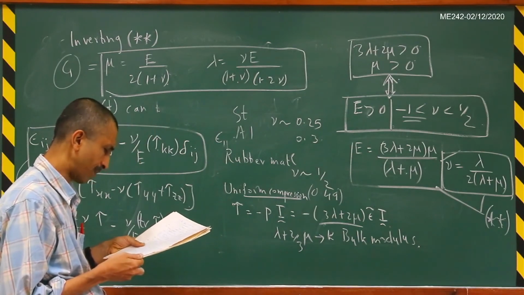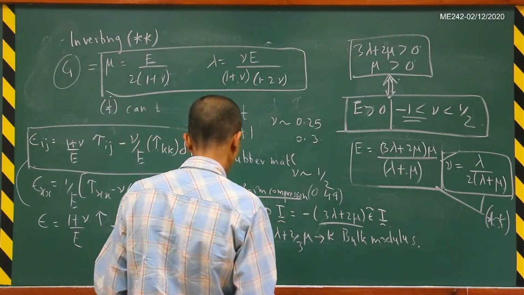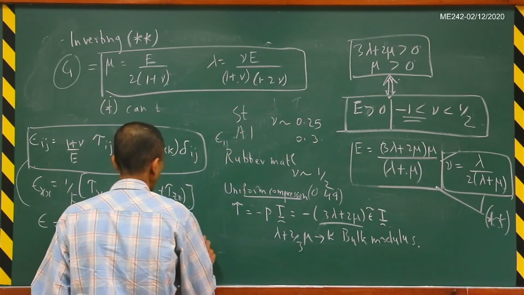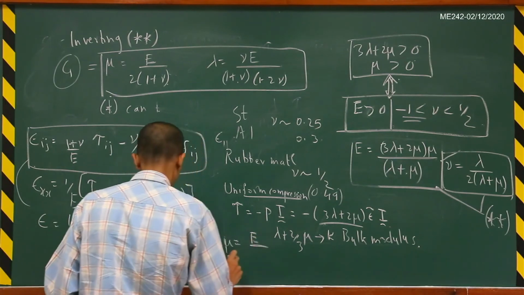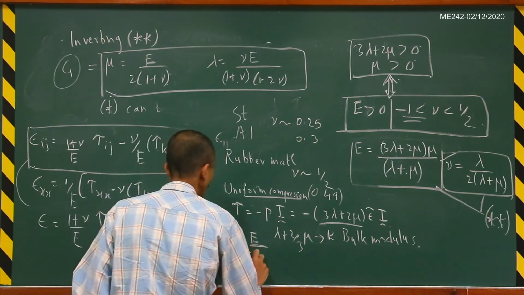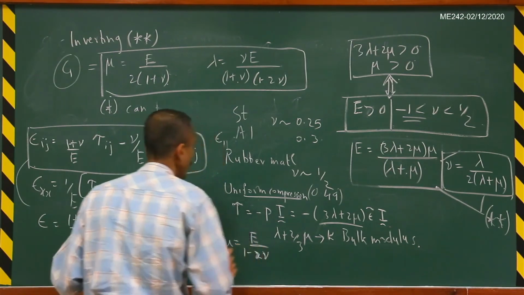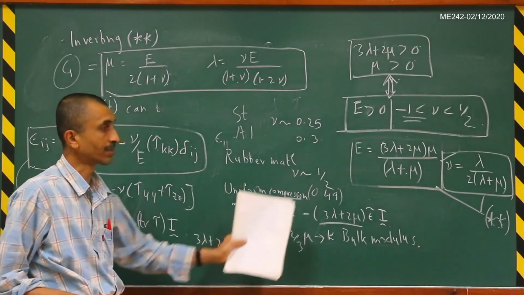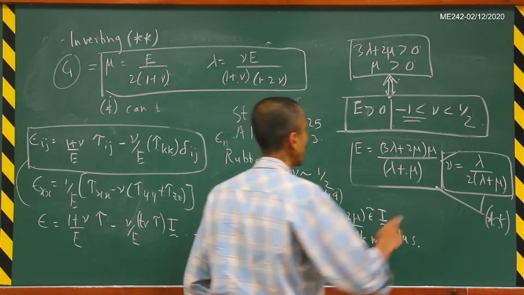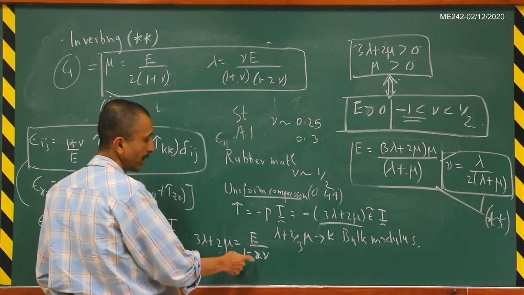And so this 3 lambda plus 2 mu comes out to be E divided by 1 minus 2 nu. So from this expression, you can see that if nu becomes half, assume that it gets to the upper limit here, then this blows up, right?